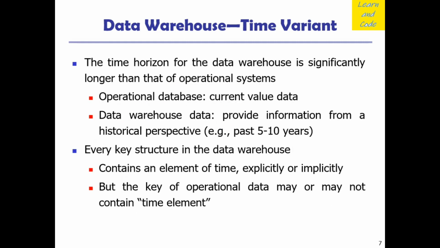Then it should be time variant. We must have the historical data, right? If we talk about our databases, they generally have current data, right? But in case of a data warehouse, our perspective is different. Our perspective is of analysis, right? So we must have historical data, maybe from the past 5 to 10 years.